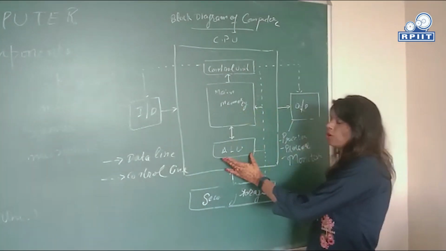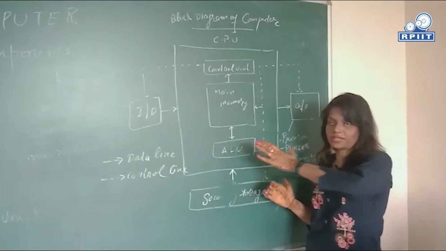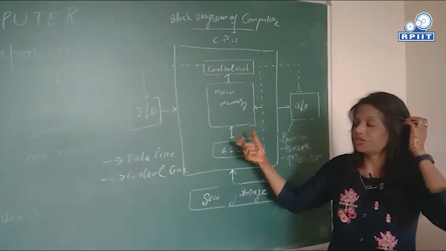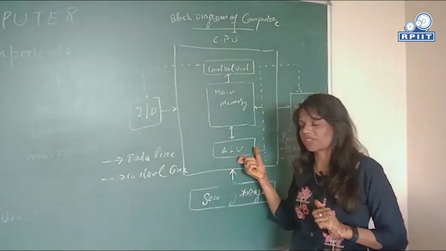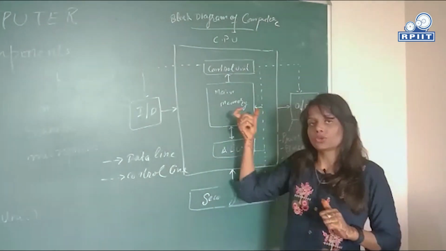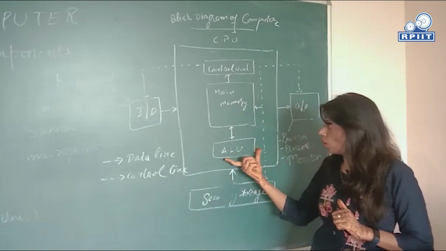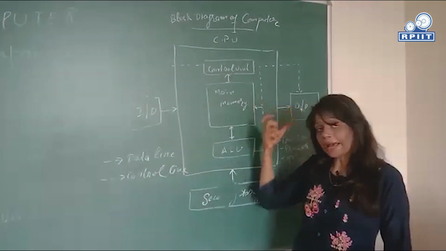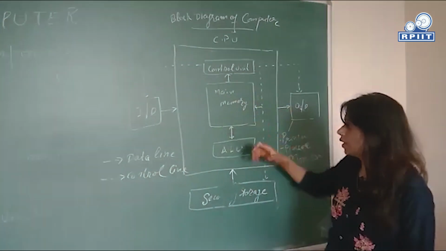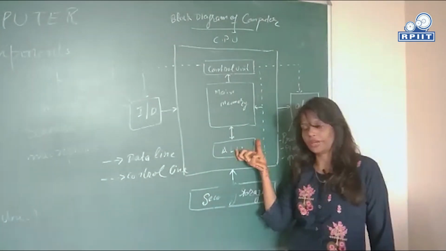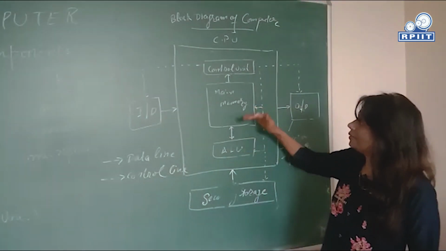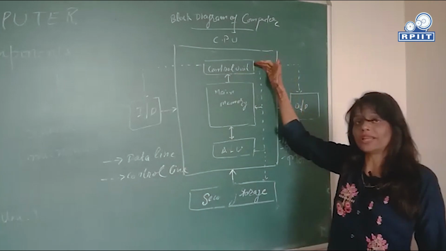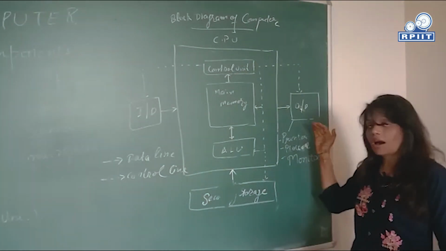So arithmetic logical unit performs operations given by the control unit, like arithmetic operations, logical operations, or any kind of instructions required by the user to carry out operations. The arithmetic logical unit fetches all the instructions from the main memory, performs all the operations, and produces the output that is then carried to the control unit, which produces the output to the output device.